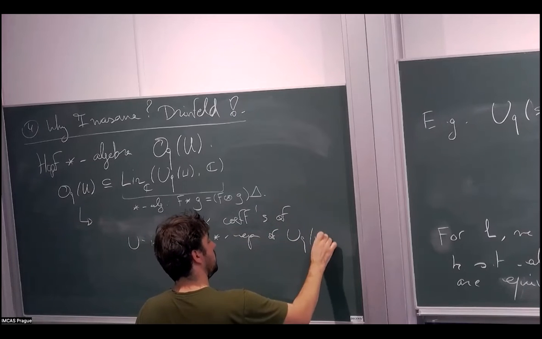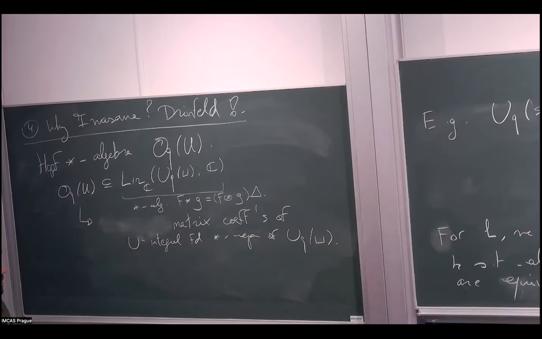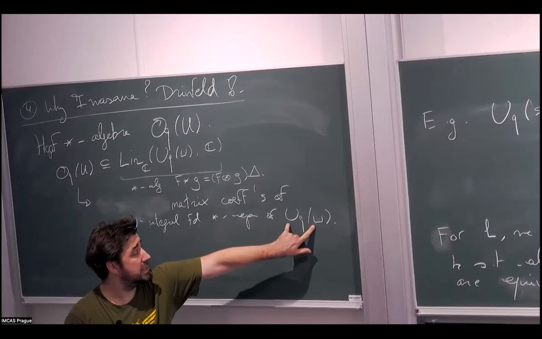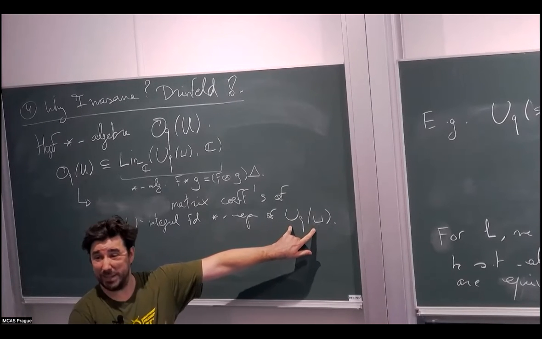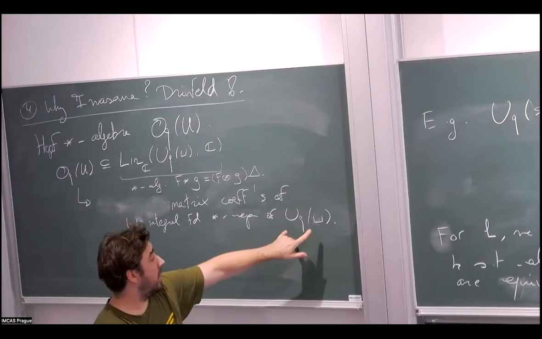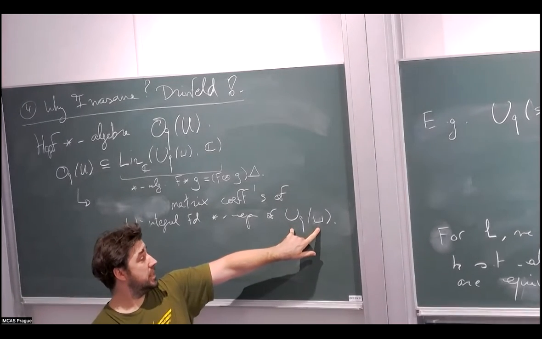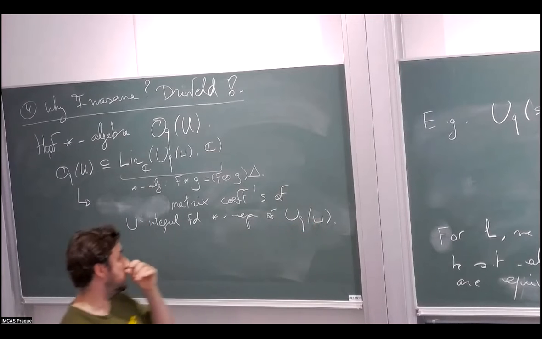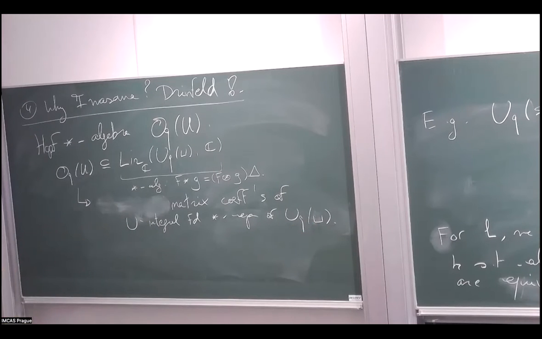Here I will not be very detailed, but it turns out that if you look at the finite dimensional representation theory of U_q(u), it basically looks exactly the same as for U itself. So you can parameterize irreducibles by the same data, by highest weight theory and dominant integral weights and that kind of stuff.